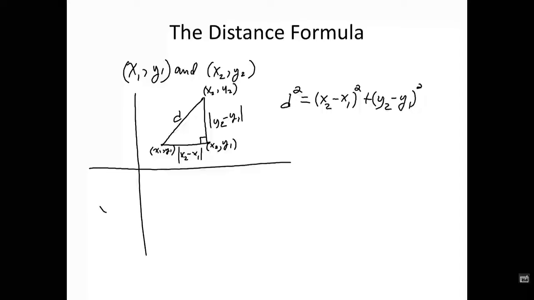We want d and not d squared, so I can express d as the square root of x sub 2 minus x sub 1 squared plus y sub 2 minus y sub 1 squared. And this is the distance formula.